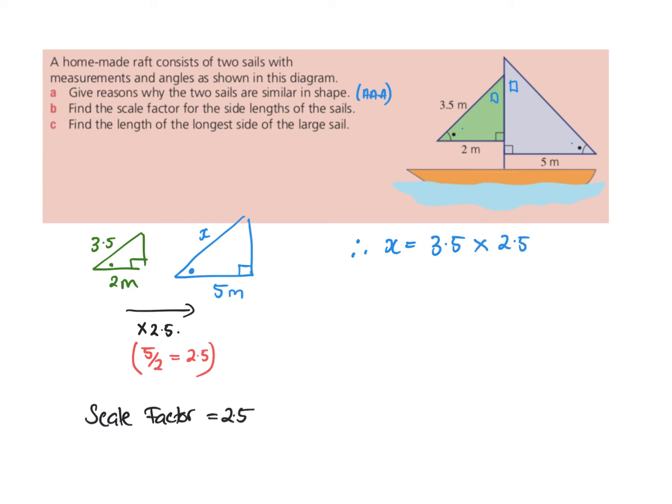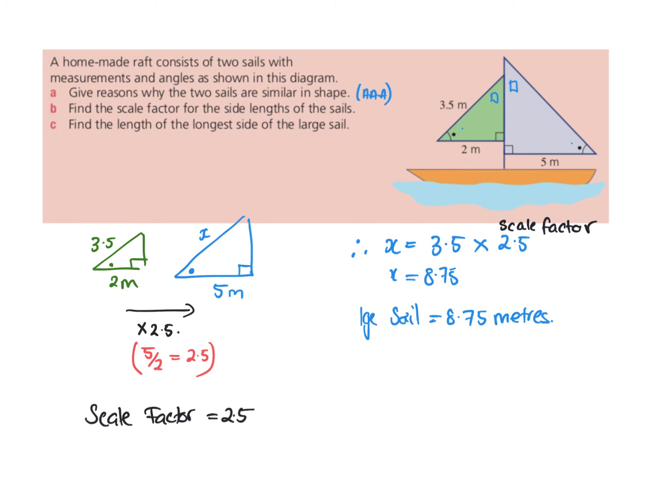Yeah? So this is timesing by the scale factor. So what does 3.5 times 2.5 equal? Okay, so it's 8.75. So maybe you just write the large sail equals 8.75 meters.